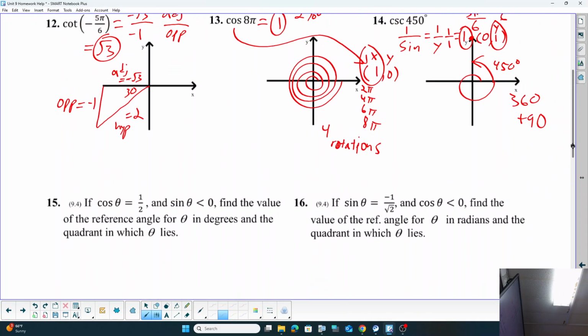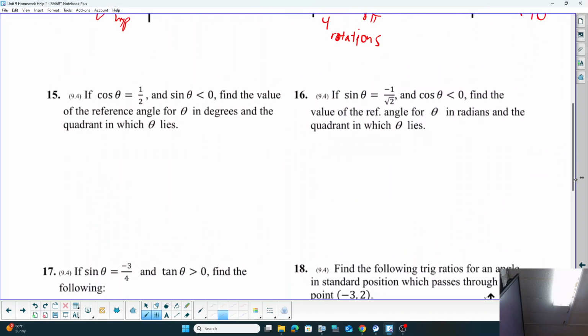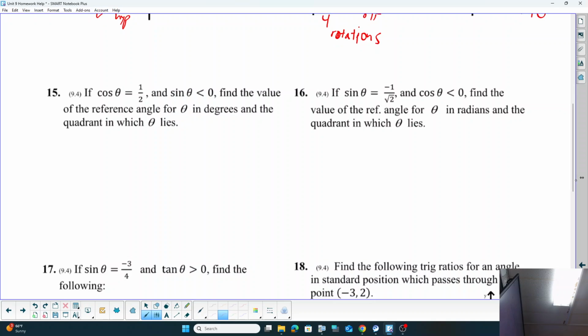Okay, so if cosine equals a half and sine is less than 0, find the value of the reference angle for theta in degrees and the quadrant in which it lies. Cosine is positive 1/2, and sine is less than 0, so we're looking for wherever sine is negative.